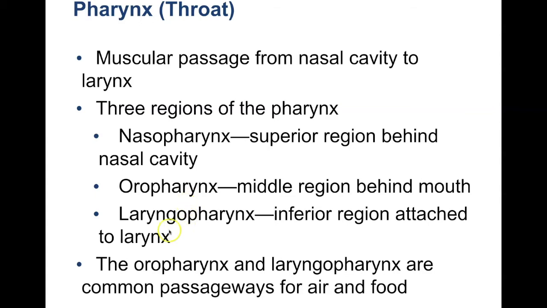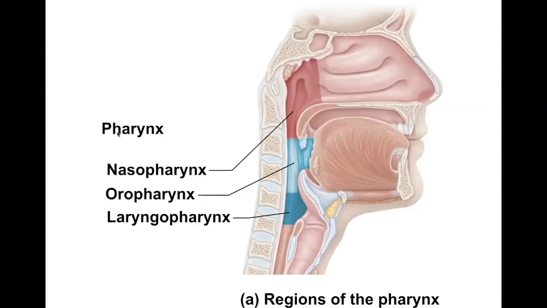Again, nasopharynx, the nasal cavity; oropharynx, the oral cavity, the mouth; laryngopharynx, where the larynx is. So the regions of the pharynx are pretty self-explanatory in the sense that they explain where they're at.